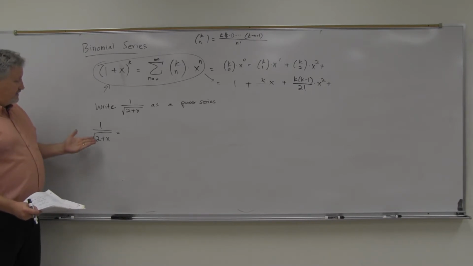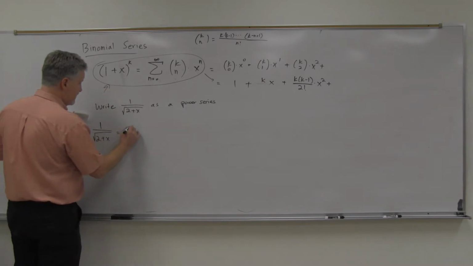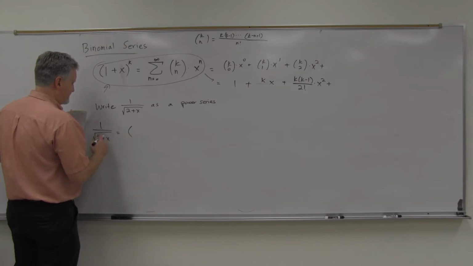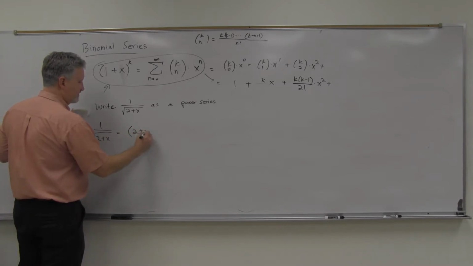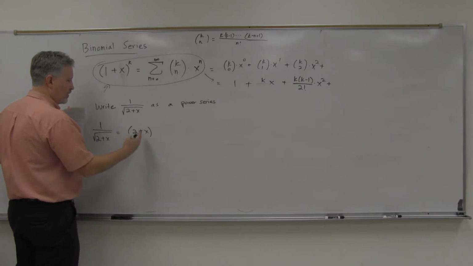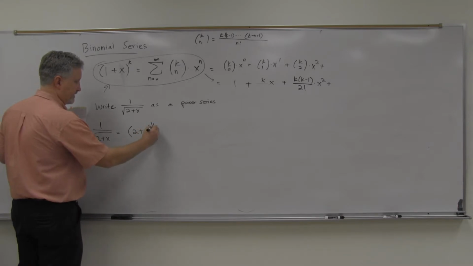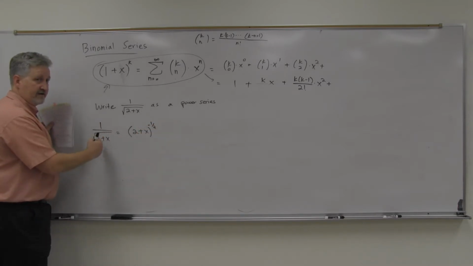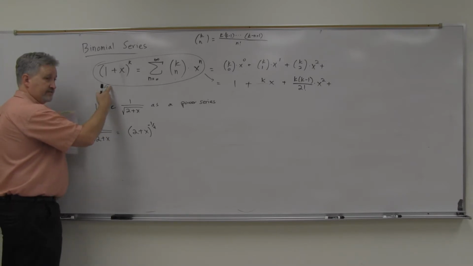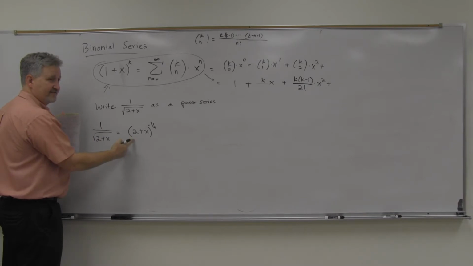The first step here, to make it go in the right direction, is let's write 2 plus x, sort of bring it up to the top. What would the power of 2 plus x be then? Negative 1/2, yeah. Because it's a square root, but it's in the denominator, and so that makes it the negative 1/2 power.